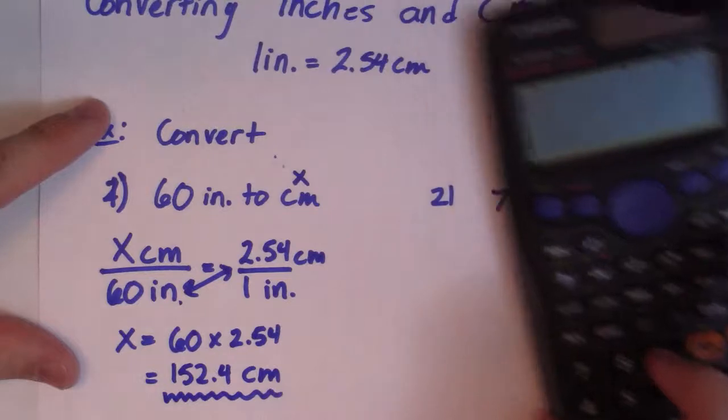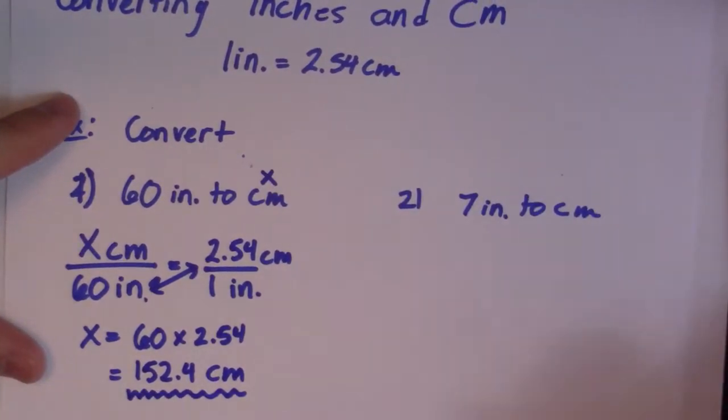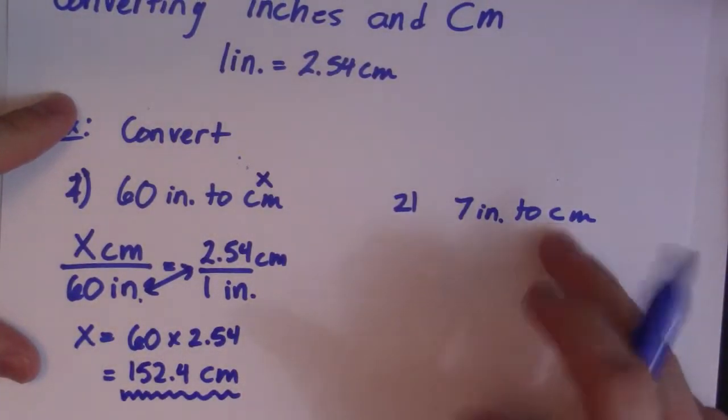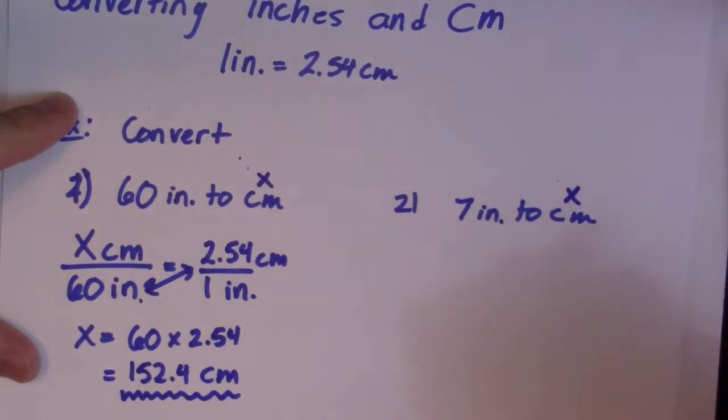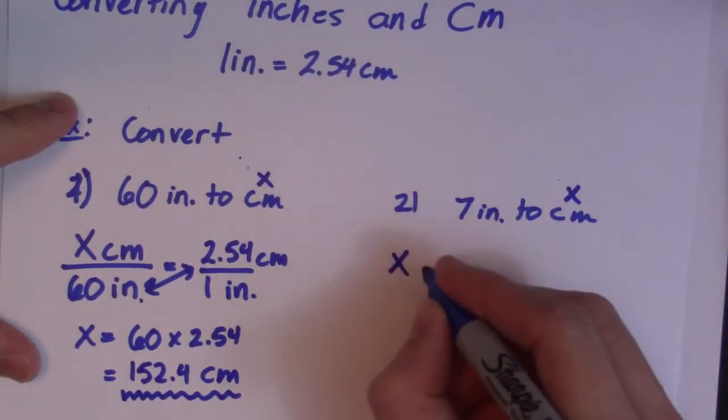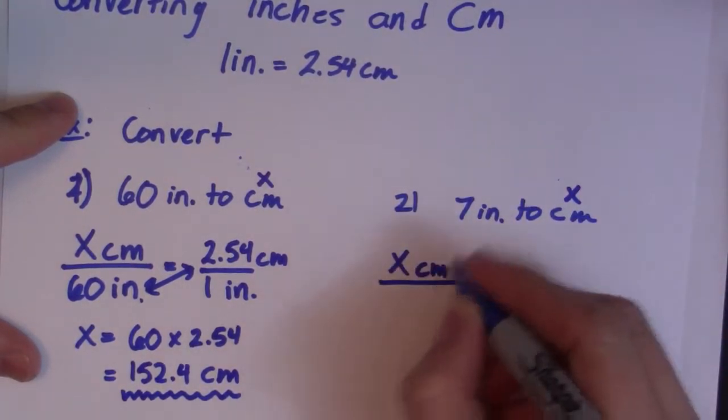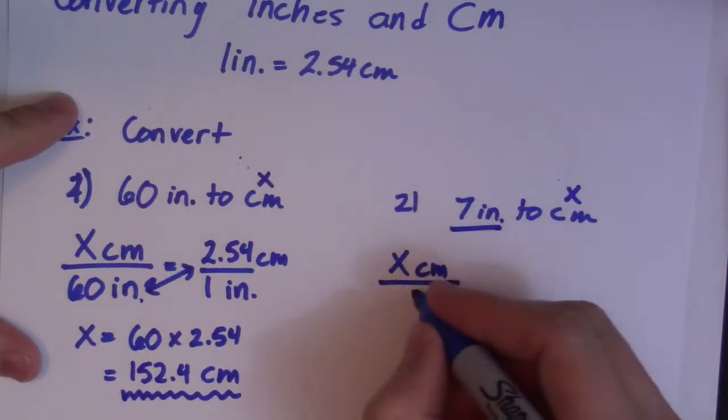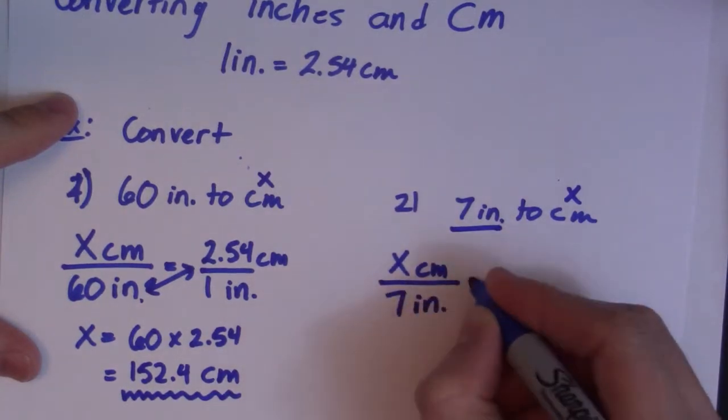I'll do another example just to show you how it works again. What I'm looking for gets labeled with x. I'm looking for centimeters, so x centimeters, and then I divide it by the number that I'm given, 7 inches.